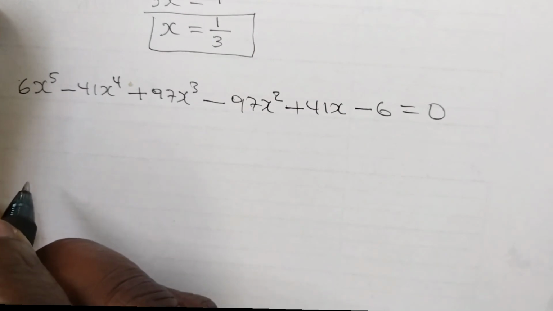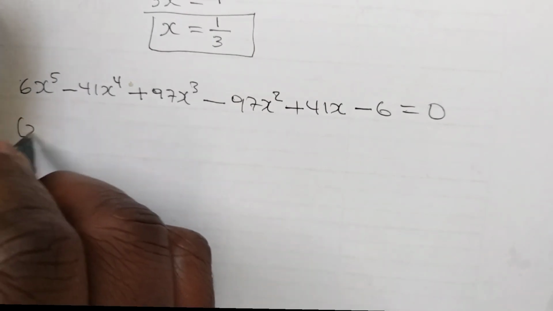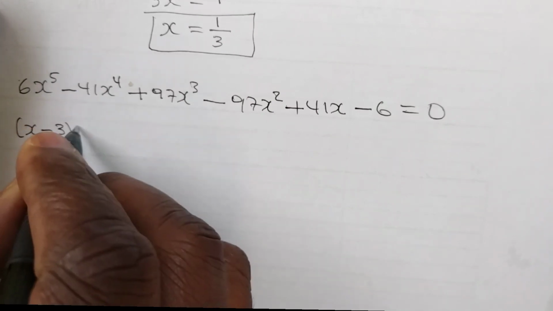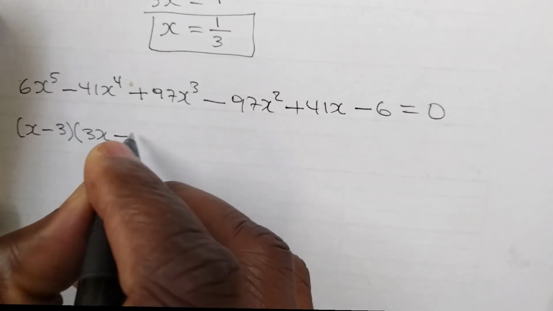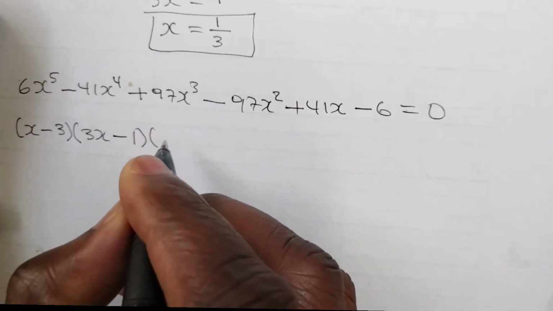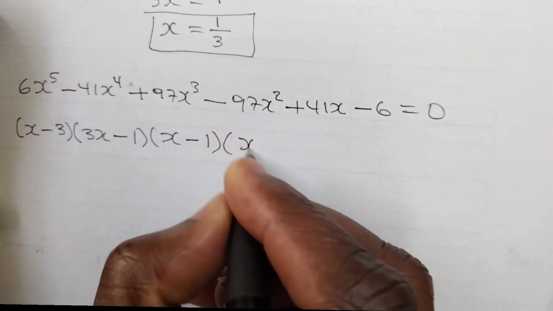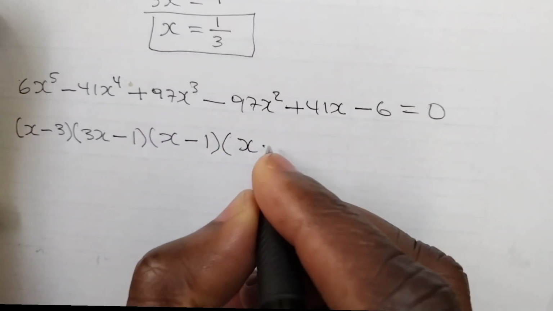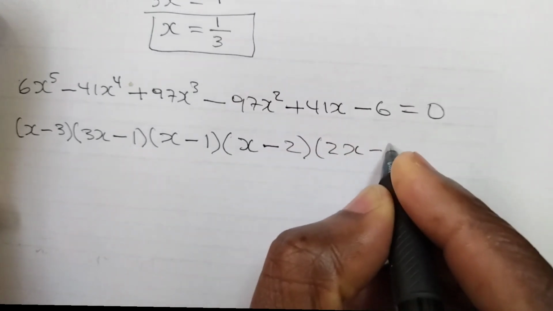This quintic equation can be factorized as follows. We can have x minus 3, that will be the first factor. The second factor is 3x minus 1, followed by the other that we found, x minus 1, then x minus 2, then 2x minus 1.